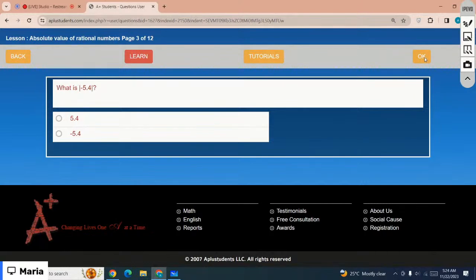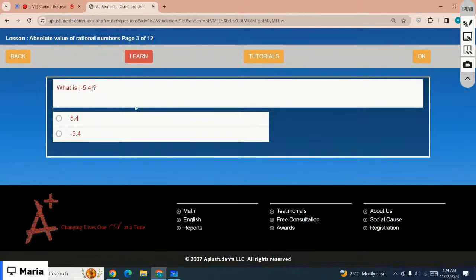What is the absolute value of negative 5.4? Which is the correct option? Yes, that is 5.4.